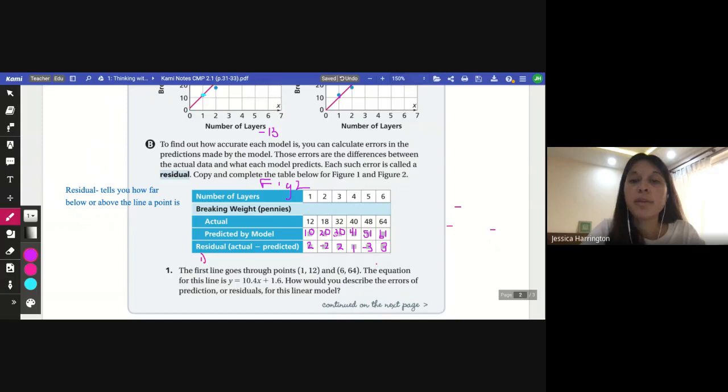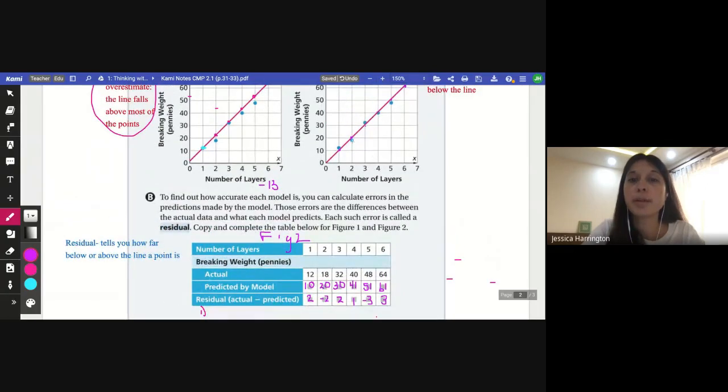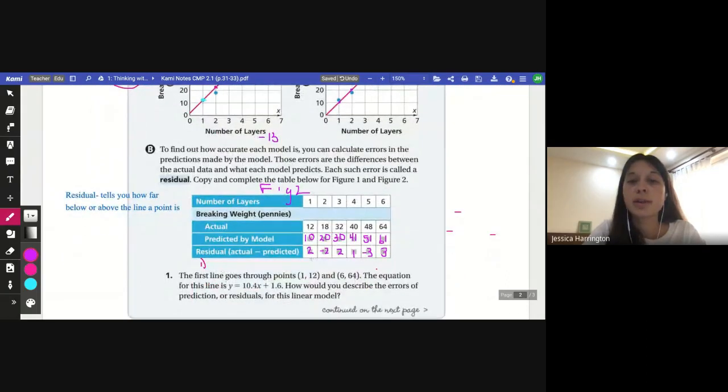All right, hopefully you're noticing what's different from the last figure is now these aren't all negative. Some are positive and some are negative. Why? Because in some parts the blue dots are below the line and in some parts the blue dots are above the line. So now let's add all these up. 2 plus -2, well, that's 0. 0 plus 2 is 2. 2 plus 1 is 3. 3 plus -3 is 0.